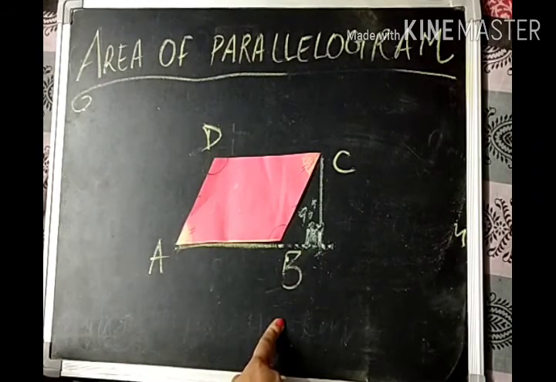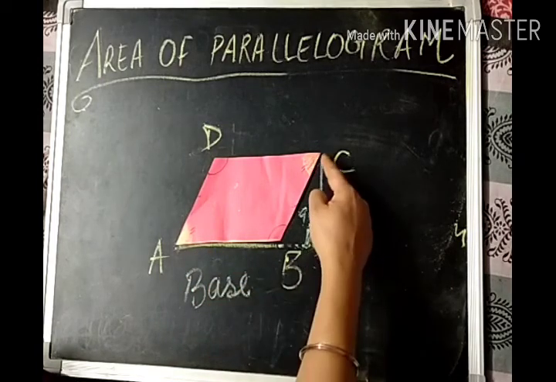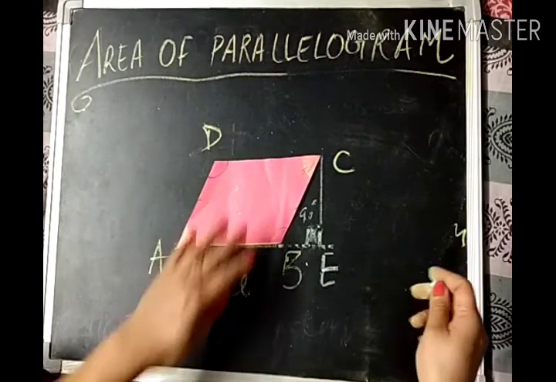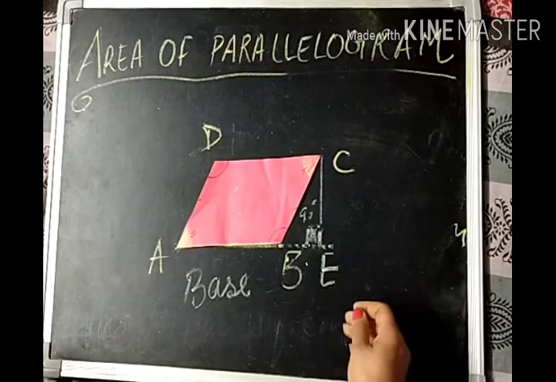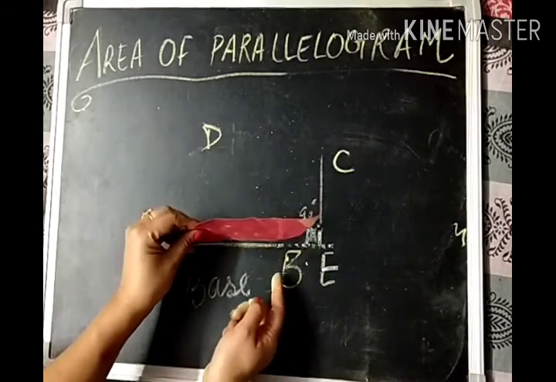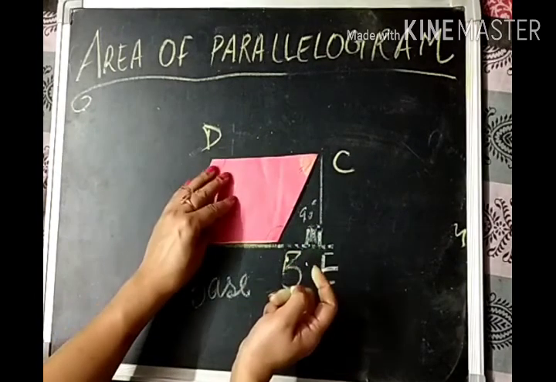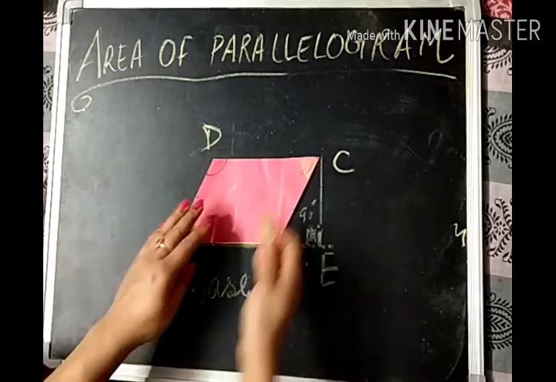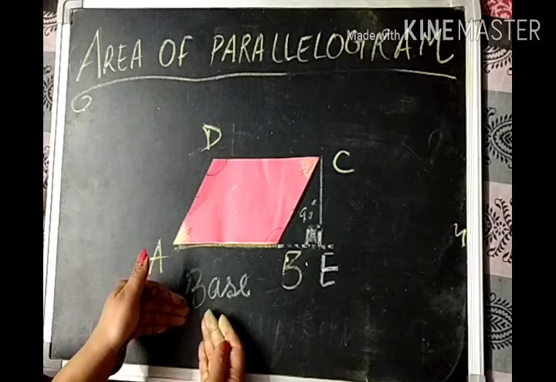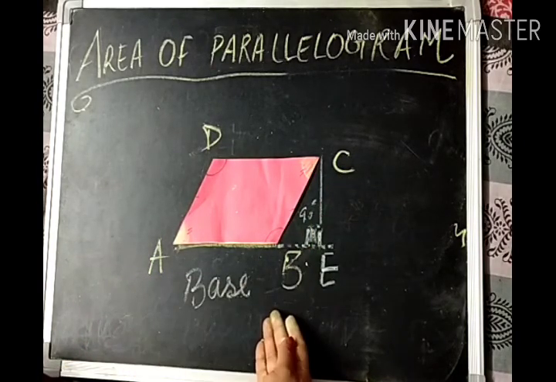AB is the base, and from C, we'll name the foot of the line E. CE is the height corresponding to this base. If we keep this base like this, the height comes like this. Now how will we draw it on paper? This is the base, so this is the corresponding height to this base. CE is the corresponding height to base AB.